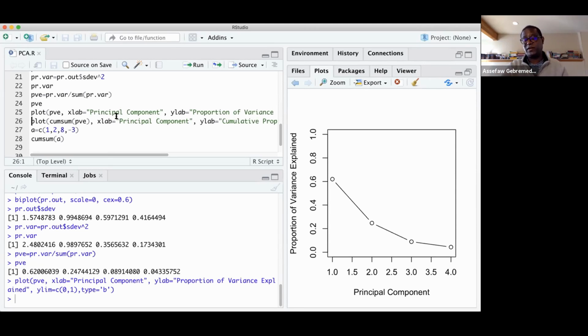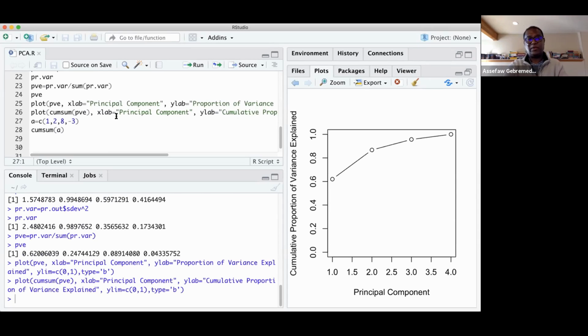We could also turn around this one and look at the cumulative sum picture. And that's what we do here. And if we do that, then we get this picture, which is what the first one does. And then the second one is the first 2 together. And the third one will be the first principal component, the second principal component, the third principal component, and so on. So what I have here is just a matter of showing you what the cum sum function does.